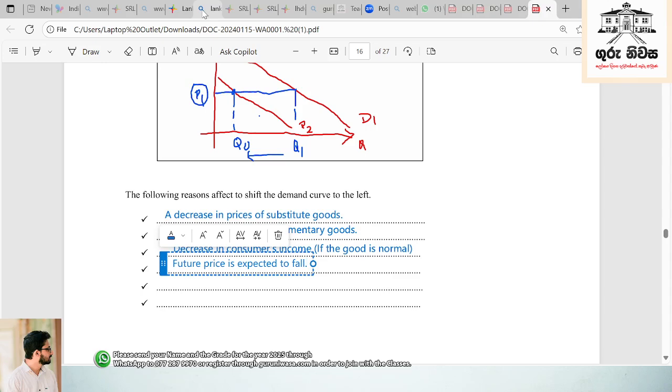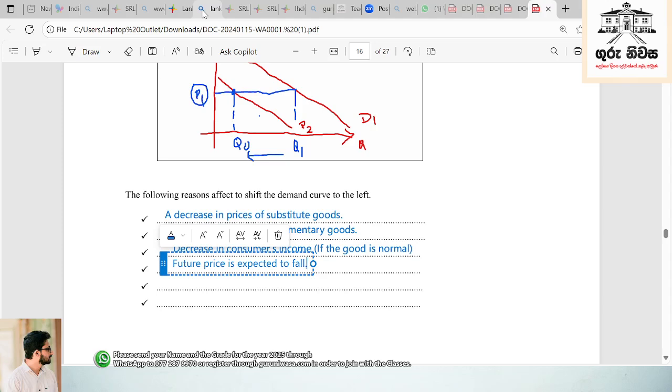No one likes to buy today by paying a higher price. I remember after the financial crisis, the government banned importing vehicles. During that time period, people didn't buy cars, right?